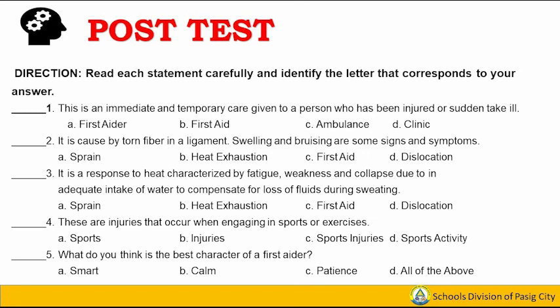Are you done? Okay, that's all for today. For your other compliance, have a video of yourself performing the first aid for sprain and heat exhaustion. And for the other written activities, these are provided on your worksheet.